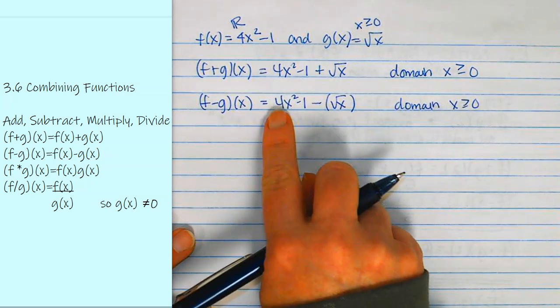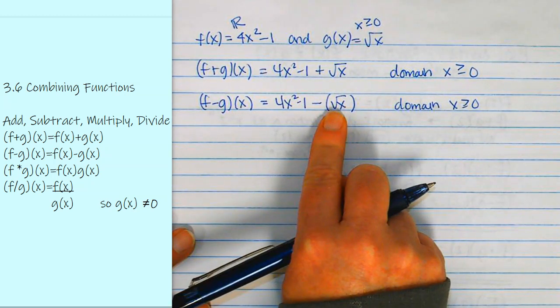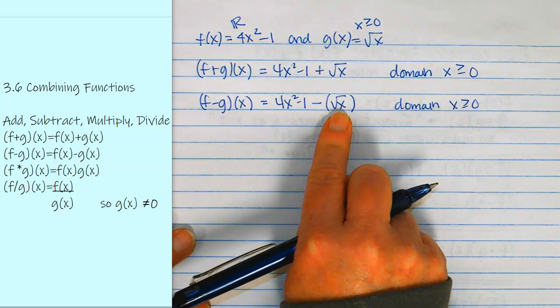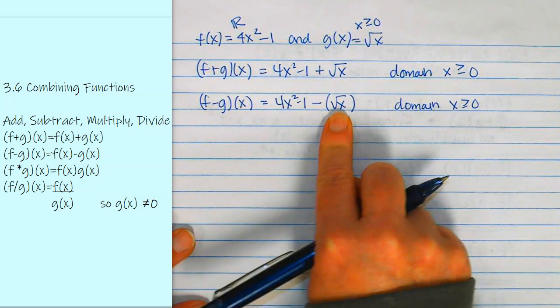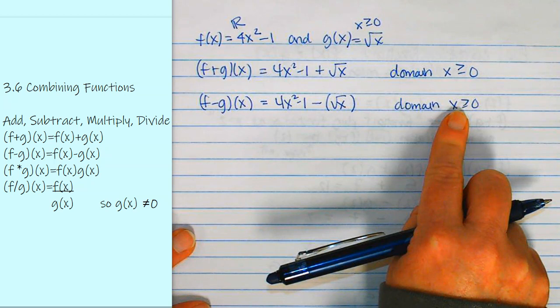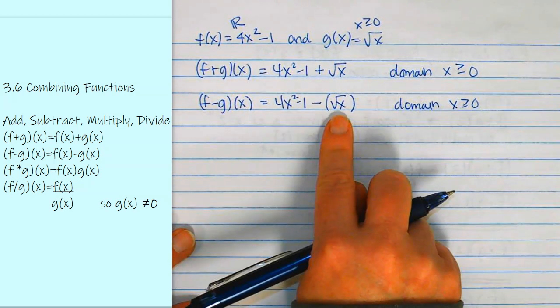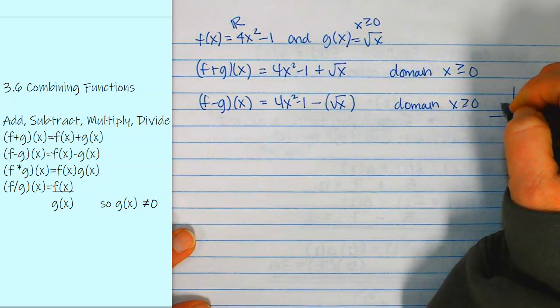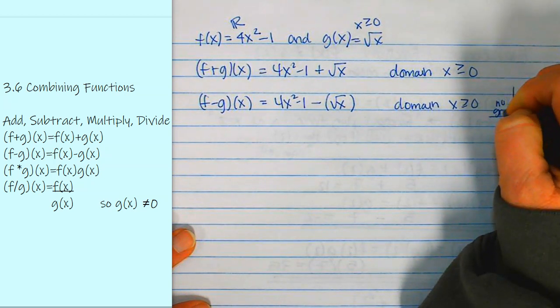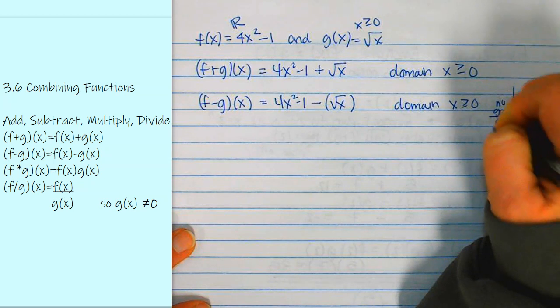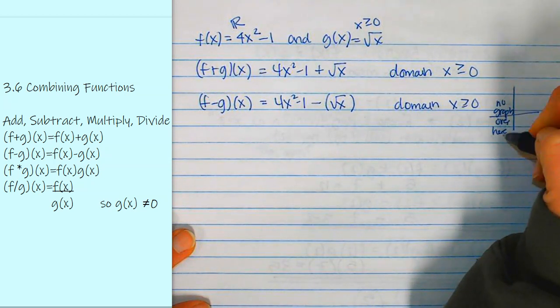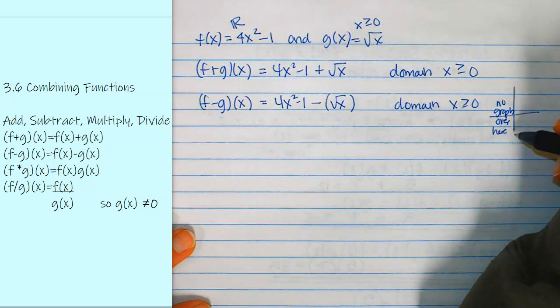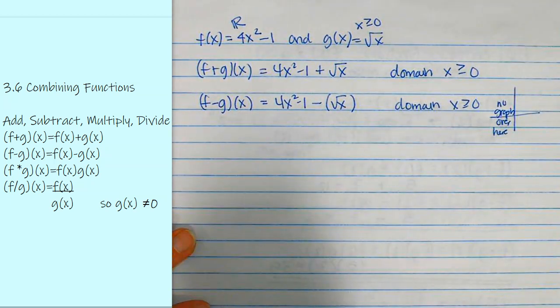So you look at each term and you see which rule it might break. This is the only one that might break a rule. We can't have negative numbers. That's why the domain is limited. So if we graph this, there's no graph over here, because these are negative x values. It will have something at 0 and something positive to that, but on this side there'll be no graph.